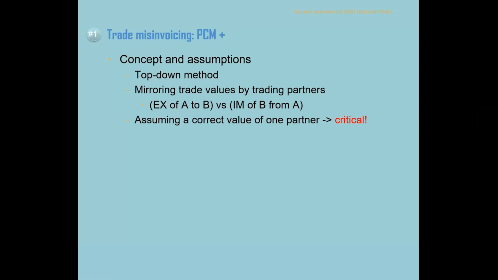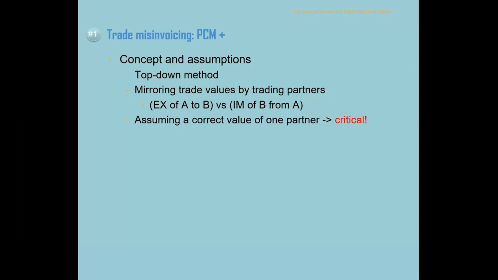This is a very critical assumption, which is also highly unlikely in the real world. That's why serious doubts have been raised about the reliability of this method, and we will try to address some of those doubts to make this method more applicable or reliable in terms of statistical measurement.